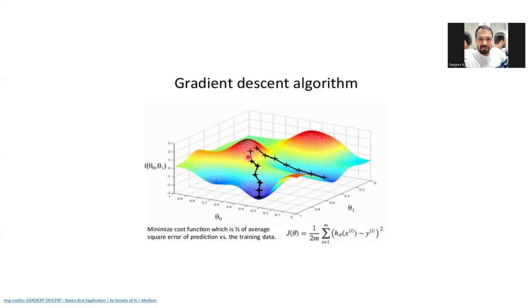We are trying to understand which direction I have to move, and what change to beta I have to make in order to get this loss function to the lowest possible. The stars that you find, from one star to another star, are nothing but the step size, or the learning rate. Using that learning rate, I'm trying to change my value from this star to this star. I'll explain that in a detailed way.